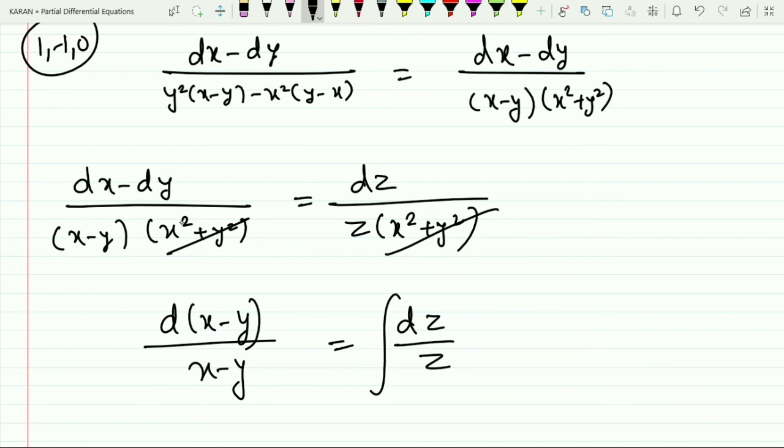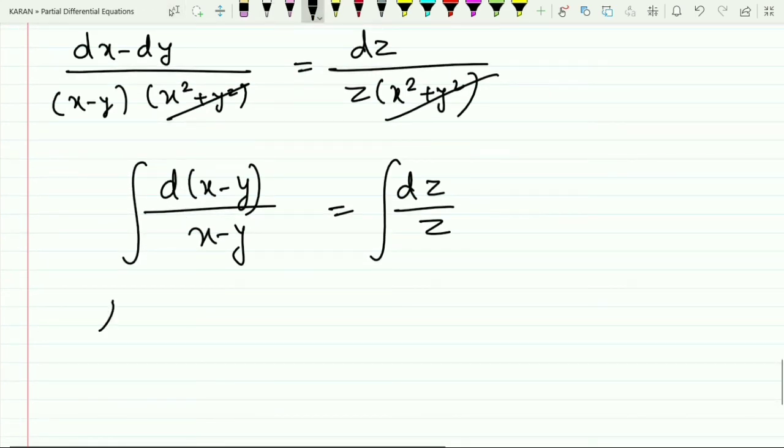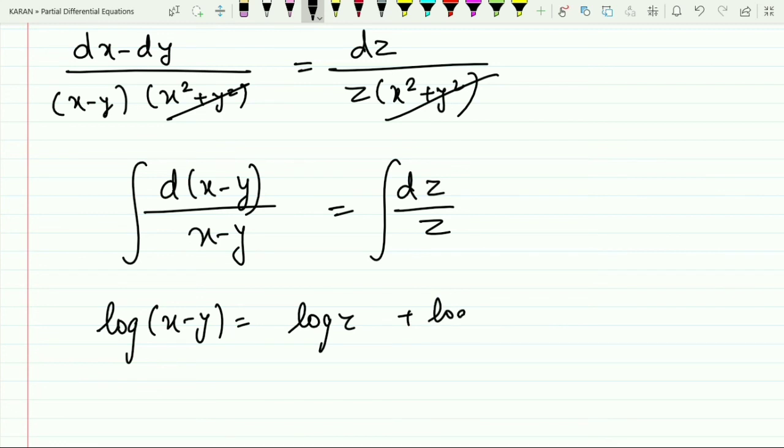So function in the denominator and derivative in the numerator, all of us know how to solve. This is nothing but log of (x minus y), this is equal to log of z, plus log of some c2. Applying the properties of log, what you will finally get is (x minus y) divided by z equals c2. Mark this as equation number 2.